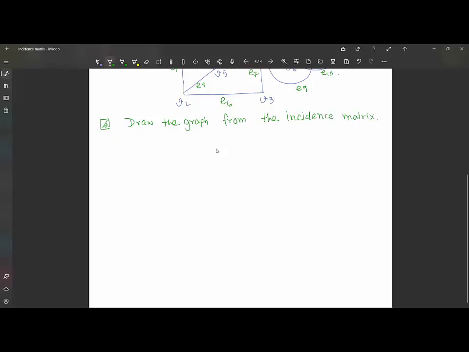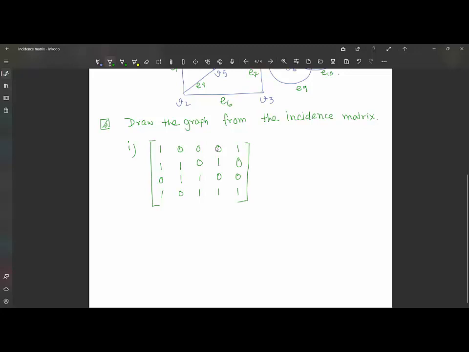What is the problem? Problem number 1. This is the first matrix. This is 1 1 0 1 0 1 1 0, then 0 0 1 1, then 0 1 0 1, and then this is 1 0 0 1.